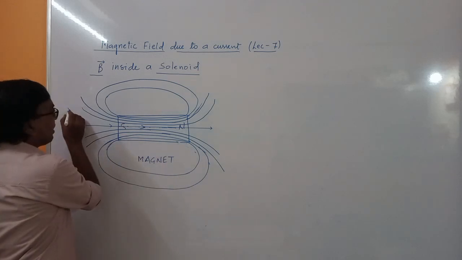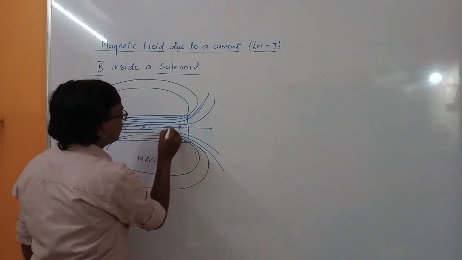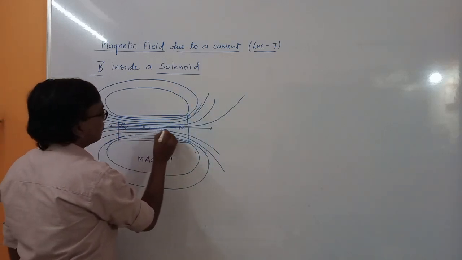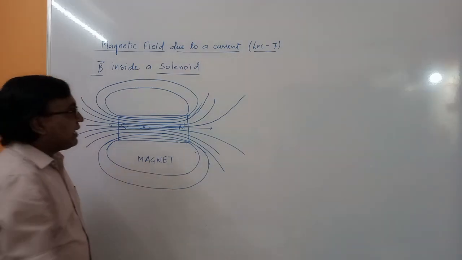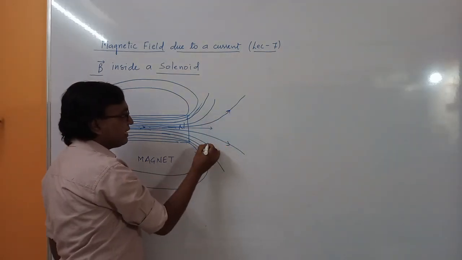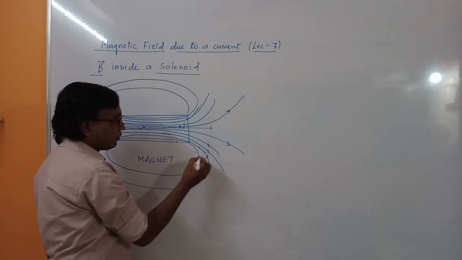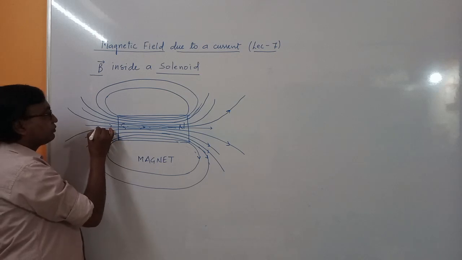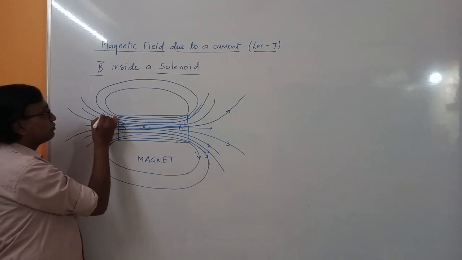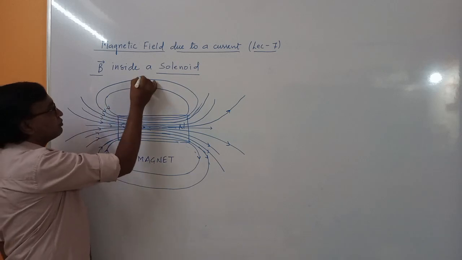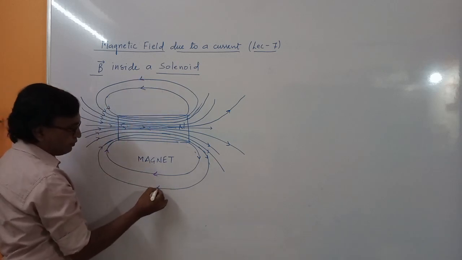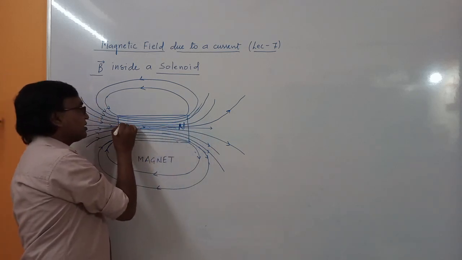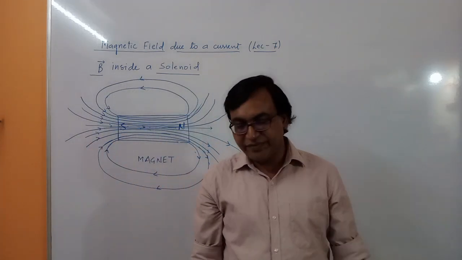So we can consider one more line here. So direction of lines. Then here it is entering at the south pole. So this is north and this is south pole of the magnet. So these are the magnetic field lines.